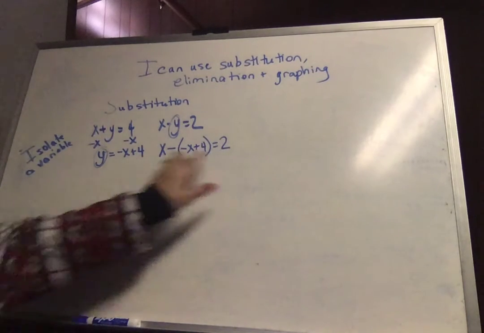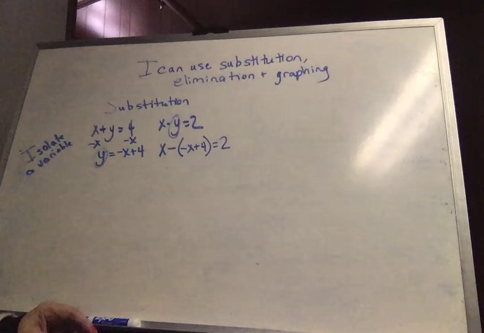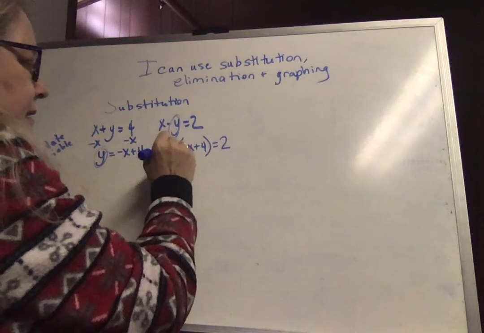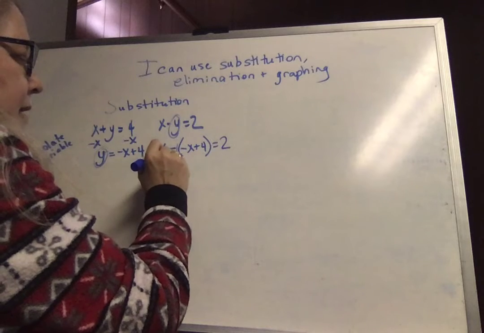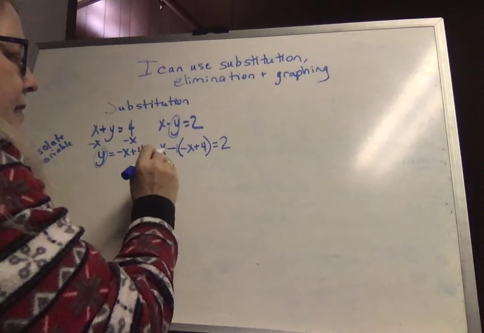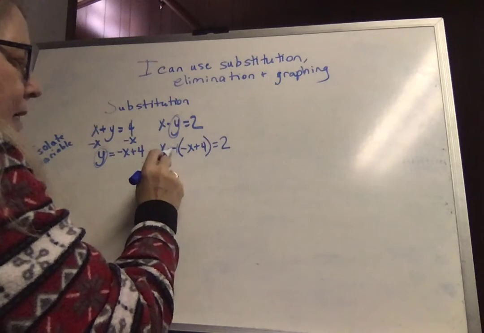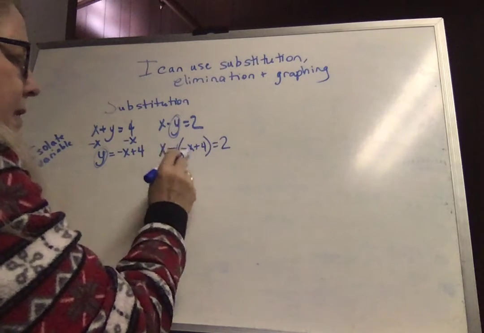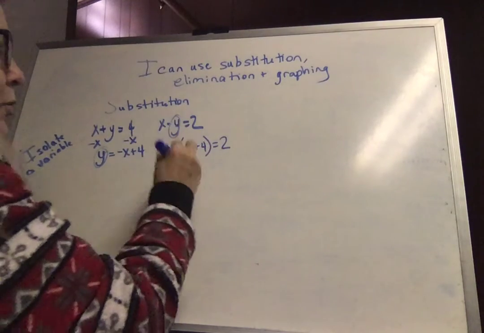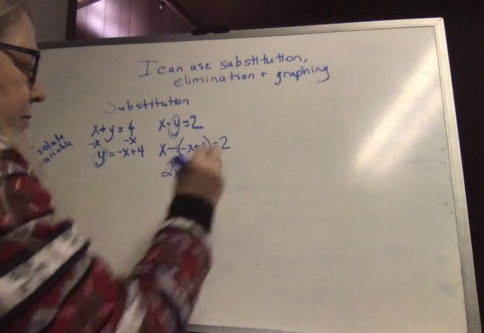So now I only have x, so I can solve for x. It's technically distributing negative 1 to both of these. X minus, so negative 1 times negative x is basically minus a negative, x plus x, 2x. And negative 1 times 4 is minus 4, equals 2.